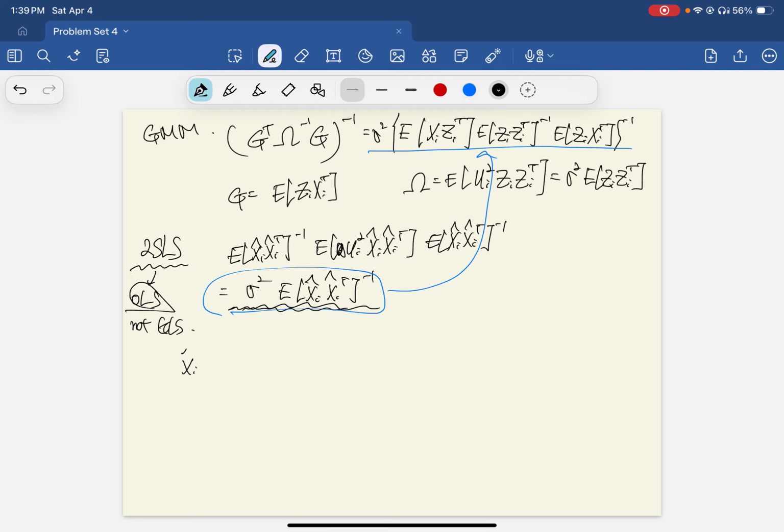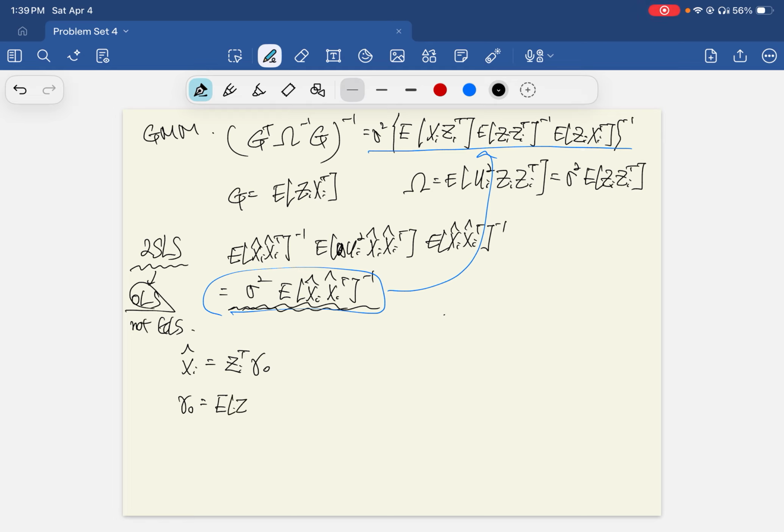So xi hat is zi transpose gamma hat. Okay, and remember gamma hat goes to gamma 0. It is about the limit. So in the limit, it will become gamma 0, and we know gamma 0 is the OLS of x on z.